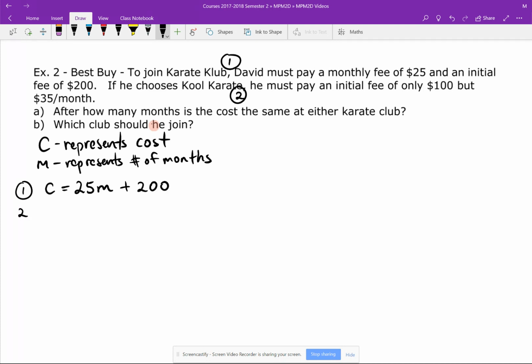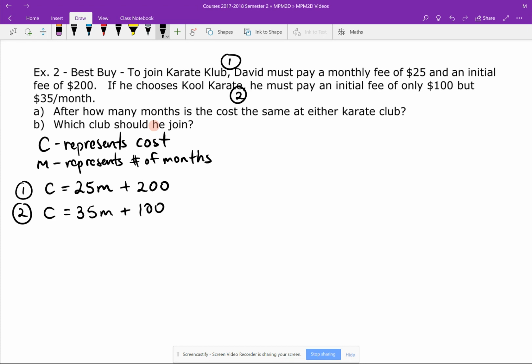And Cool Karate, number two, is going to have a cost of $35 a month, a more expensive rate, but an initial fee of only 100. So far that's what we have. I wrote the equations this way because they're lined up, stacked on top of each other.